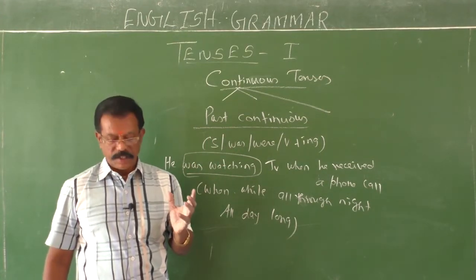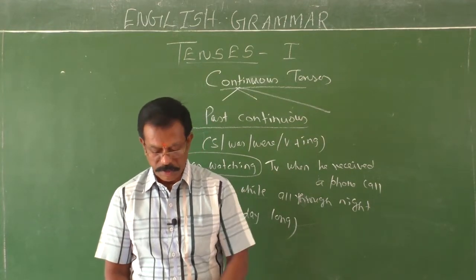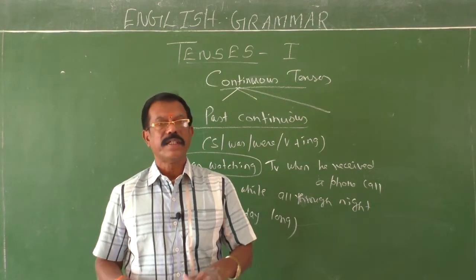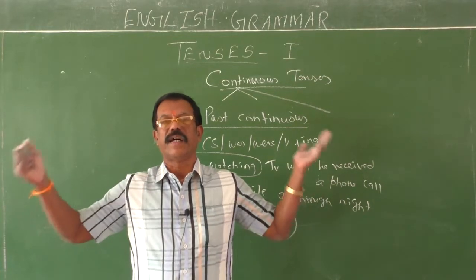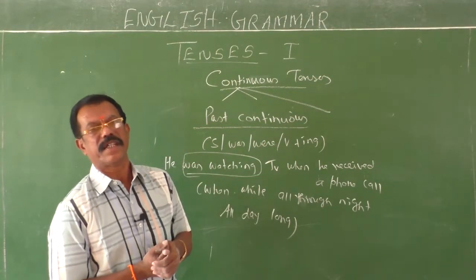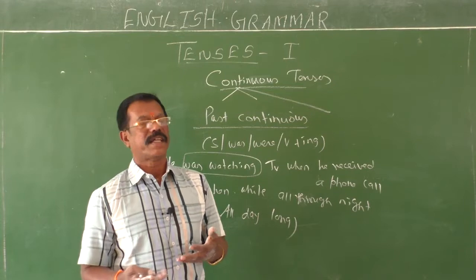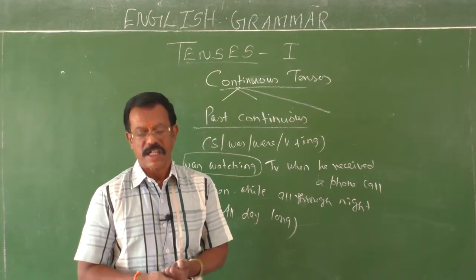These past continuous tenses are used to refer to actions which are in continuous form or which are in the long form. So long actions are expressed with the past continuous tense, and short actions are expressed with the past tense. Both are used in the same context.